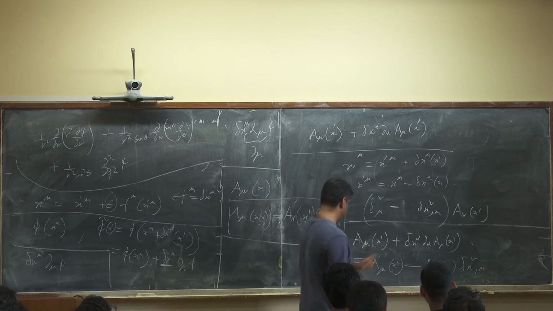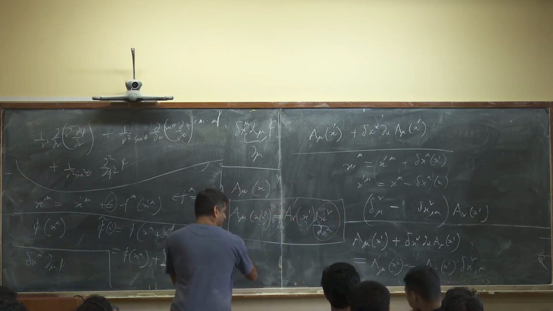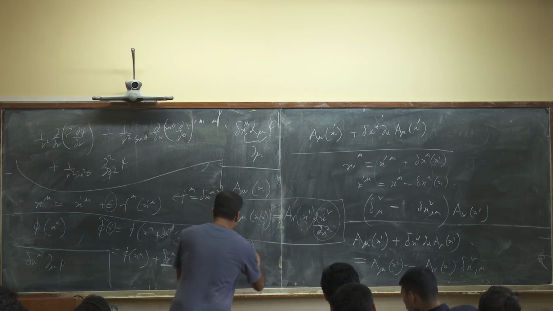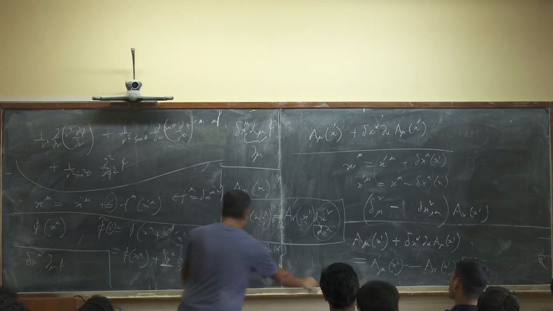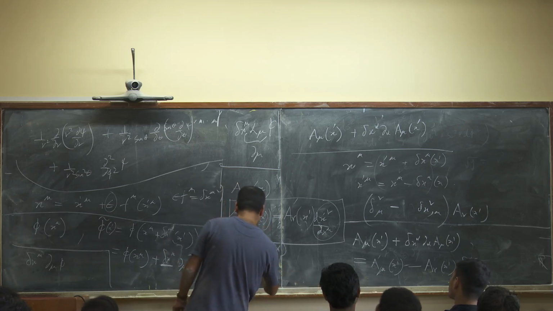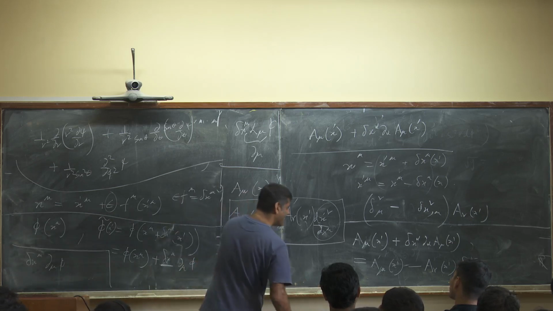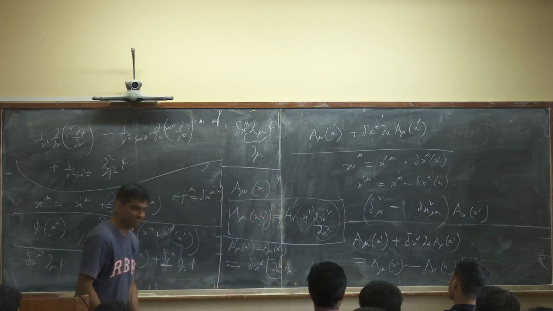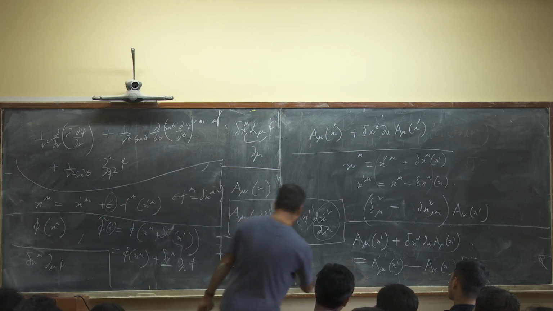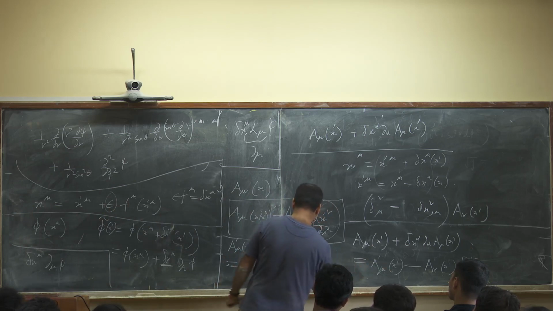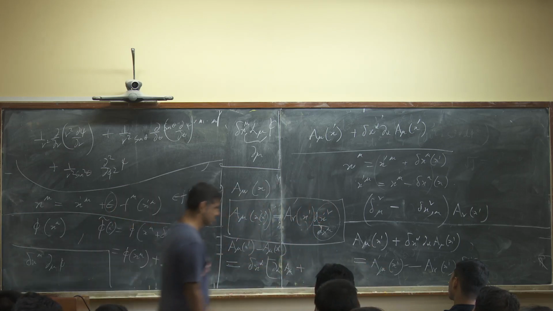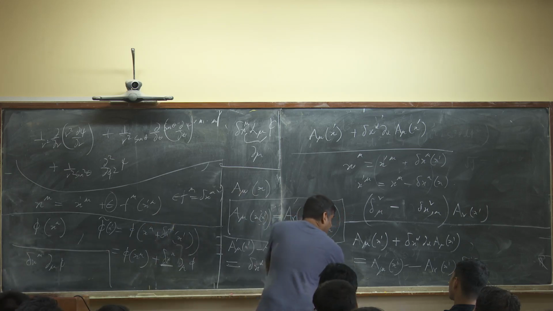Now we want this minus this, so we subtract. So we get a prime mu of x prime minus a mu of x prime is equal to delta x alpha into del alpha a mu plus delta x nu mu a nu.